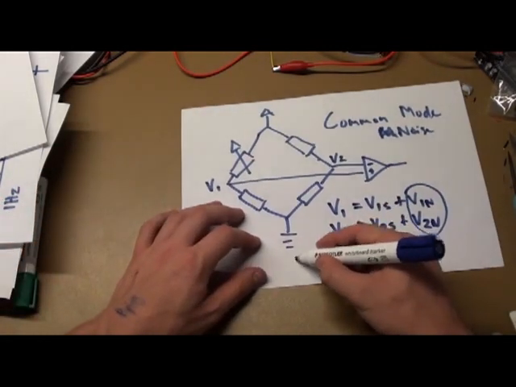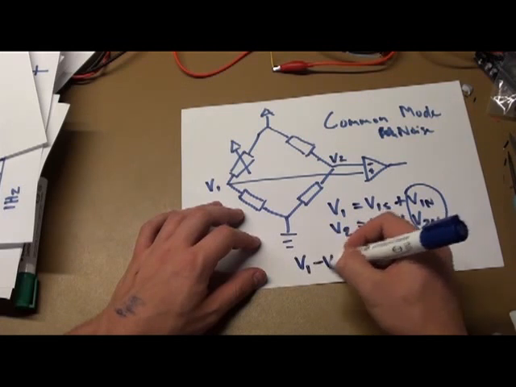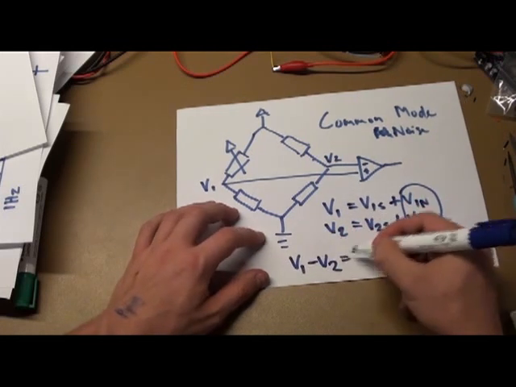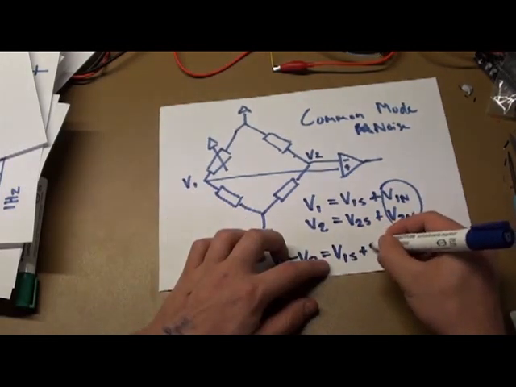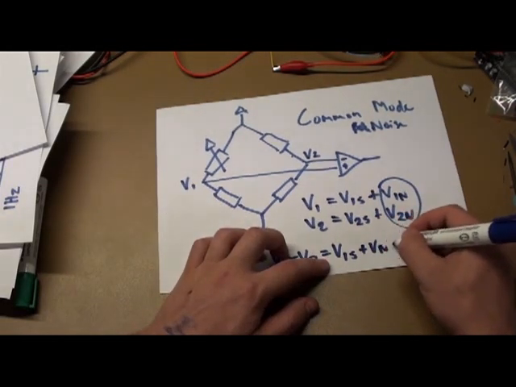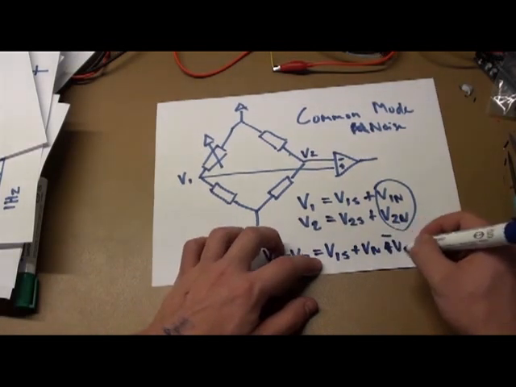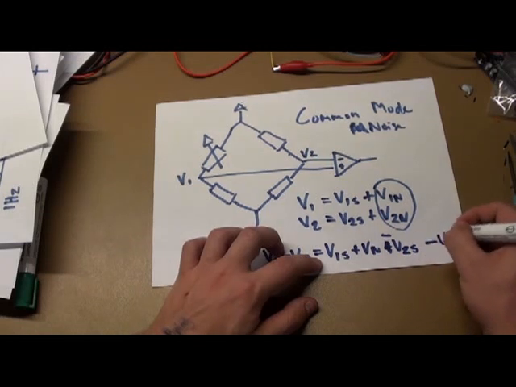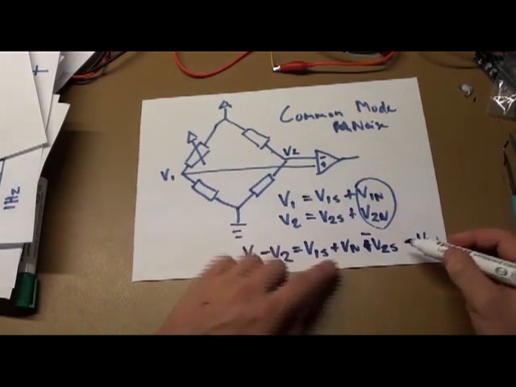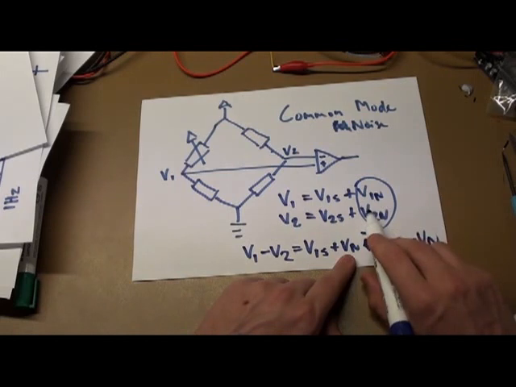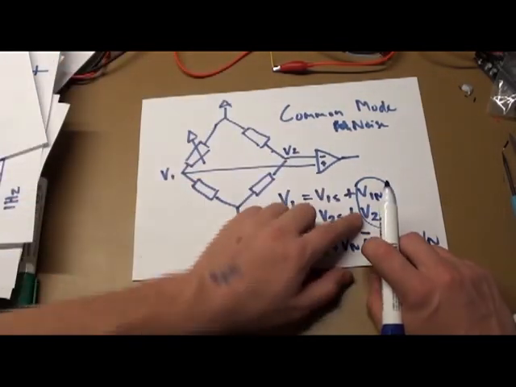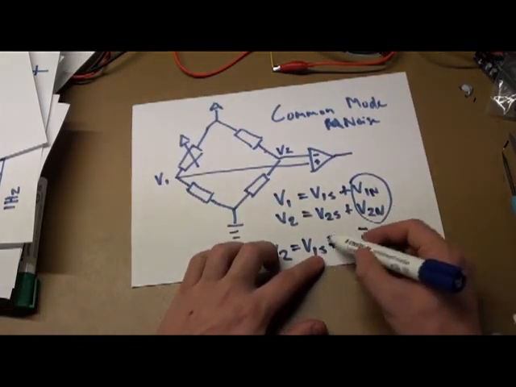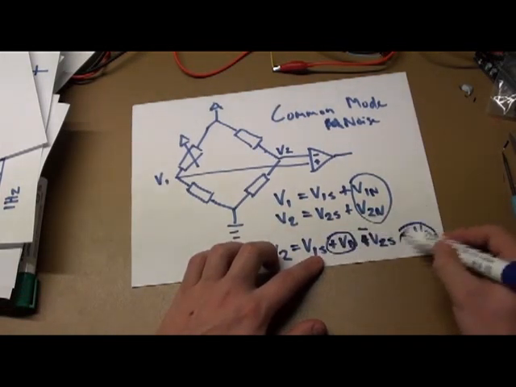So when we do V1 minus V2, we actually do V1S plus V noise minus V2S minus V noise. And so look, this signal that we didn't want, this signal that's generated by all sorts of crazy stuff in the environment, we now have plus that and minus that.